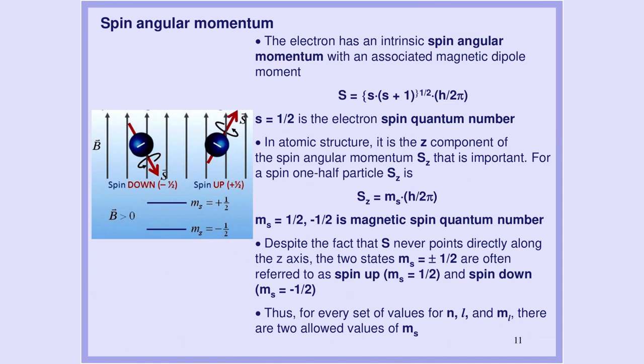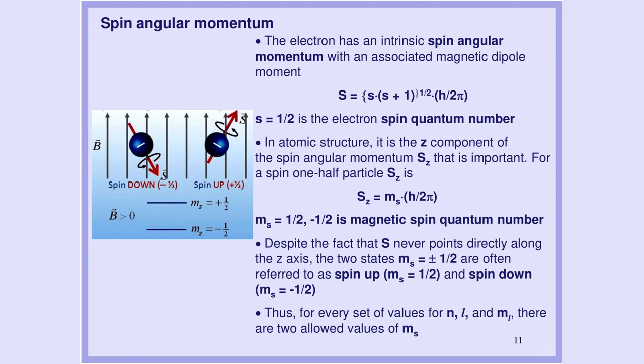Consequently, we should take into account this specific intrinsic property of the electron, the spin. The spin angular momentum is determined by the electron spin quantum number that equals 1/2.